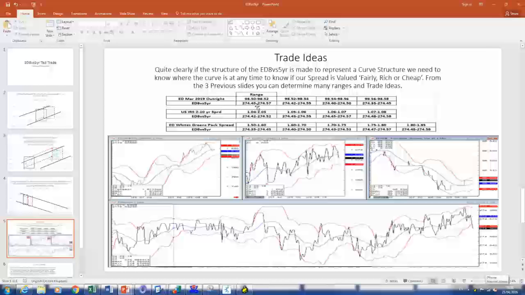Now, let's go back 2 years. Let's say 2 years ago, the March 19 outright was 98.50 to 52. That would have very little significance on our range of our euro dollar 5-year TED spread right now.